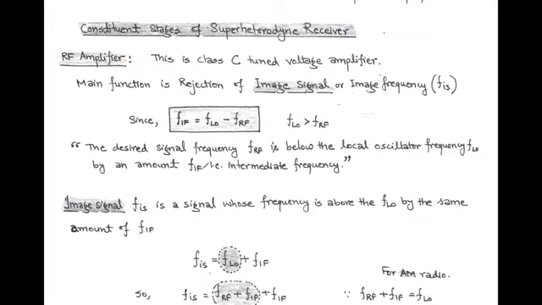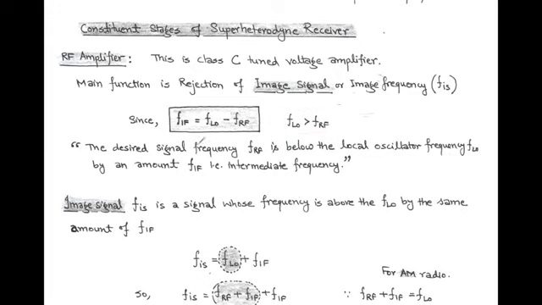As we know, the intermediate frequency is equal to the local oscillator frequency minus the radio frequency. Also we know that the local oscillator frequency is adjusted high compared to the radio frequency for proper tuning of the superheterodyne receiver.